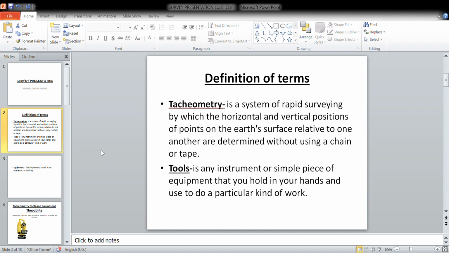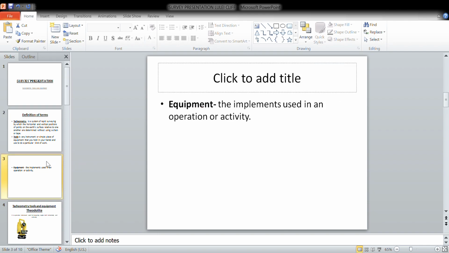After defining the term tool, we shall proceed to defining equipment. An equipment is also a tool, but it can be defined as an implement used in an operation or any activity. There are many types of equipment. It can be any farm equipment.